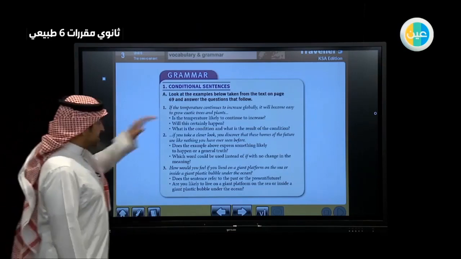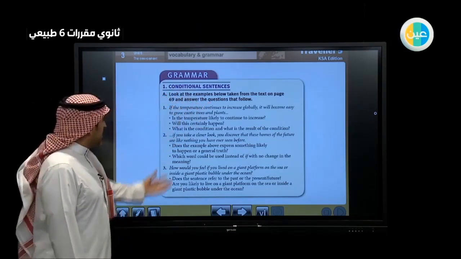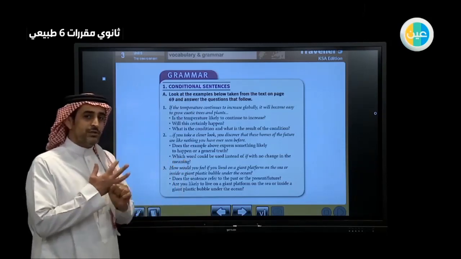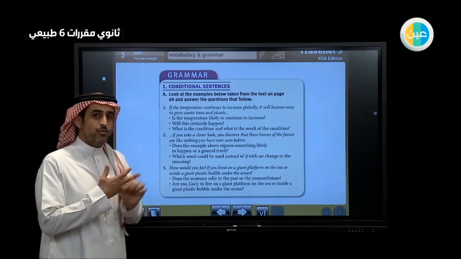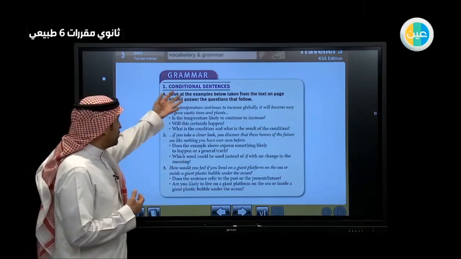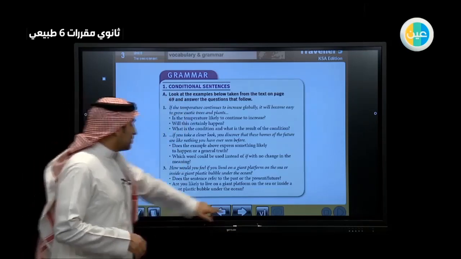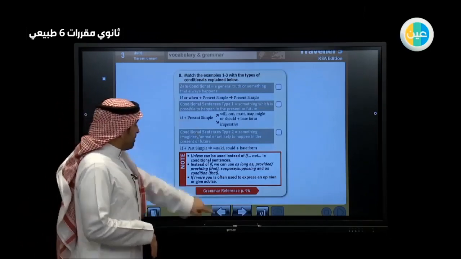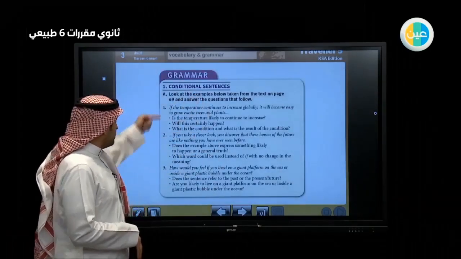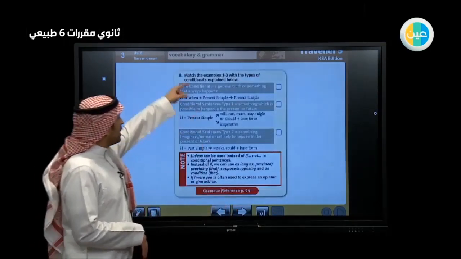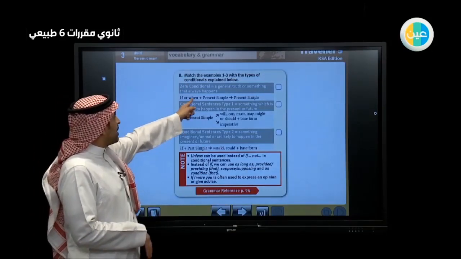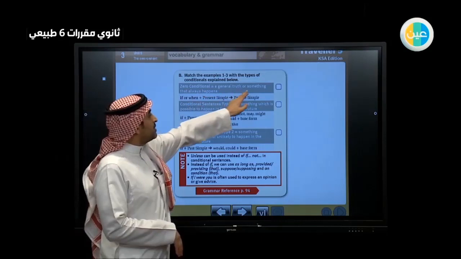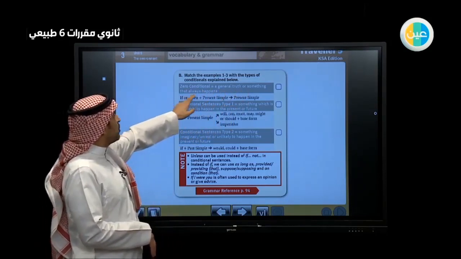Conditional sentences, we will revise this quickly. We have three kinds of conditional sentence: zero conditional, conditional type 1, conditional type 2. Read these sentences to know the conditionals. Please match these sentences 1, 2, 3 with the conditional types here. If or when, we can use with zero conditional for general truth or something that always happens.